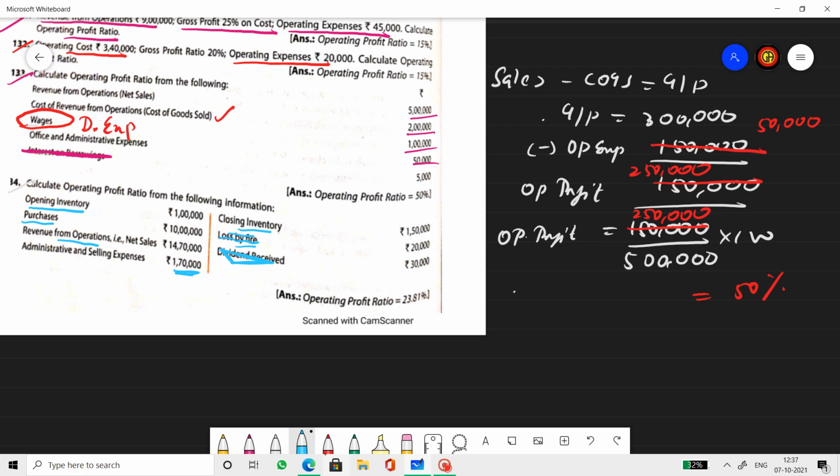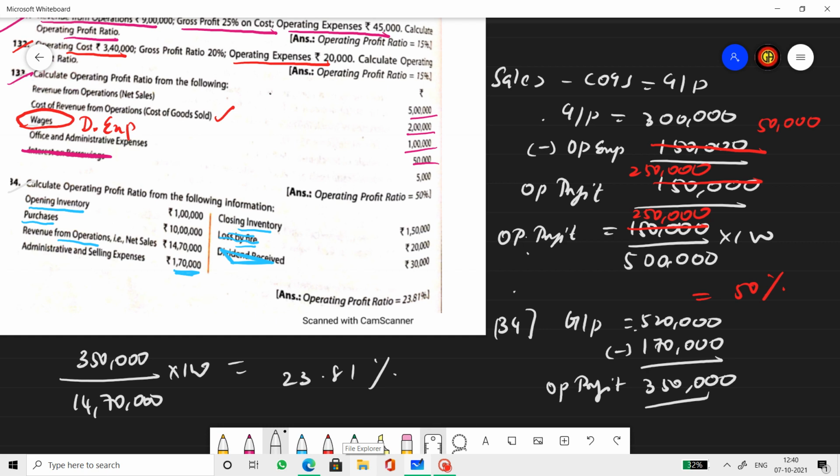So I'm directly going to write the figures. 134. So as I said in the beginning, opening stock plus purchase, which works out to, there we go. Gross profit is 5,20,000, which I found by sales plus closing stock minus opening inventory minus purchase.